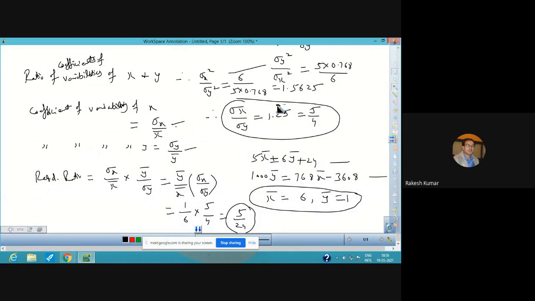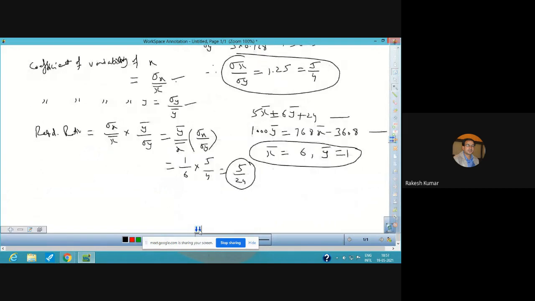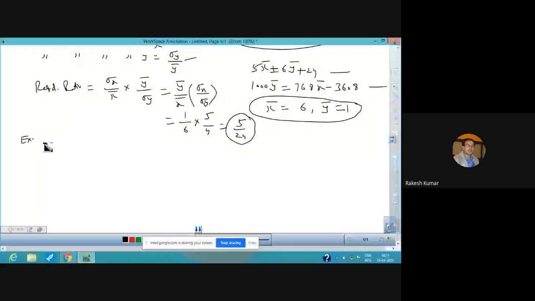Now we have one more important type of question. The question is, the following results were obtained from records of age and systolic blood pressure.